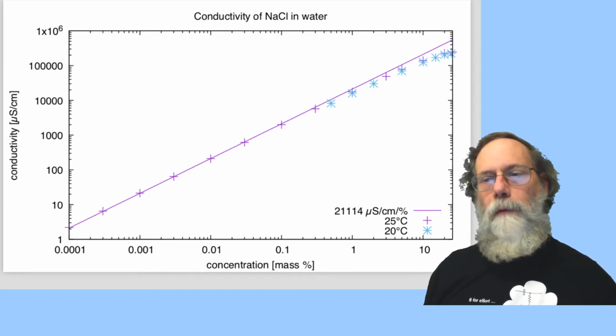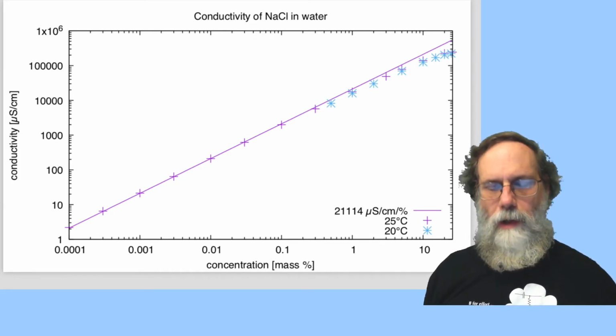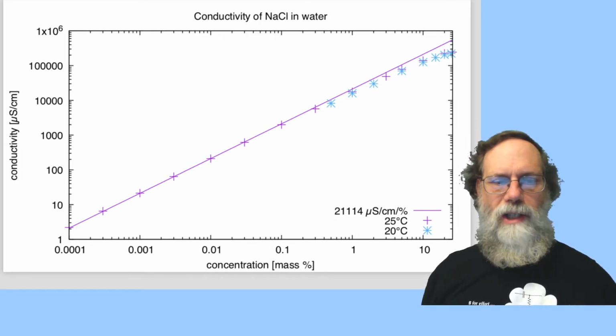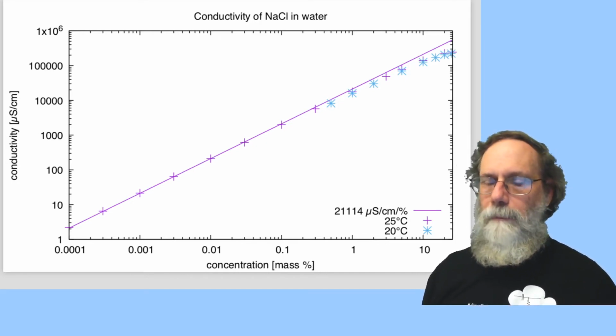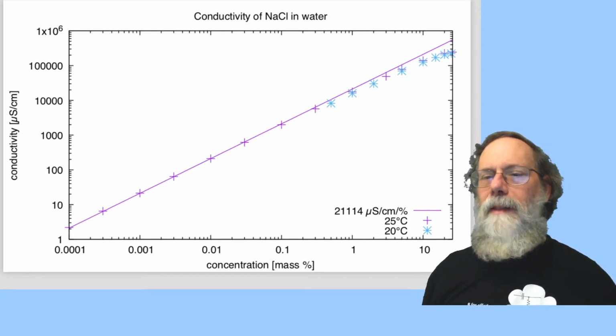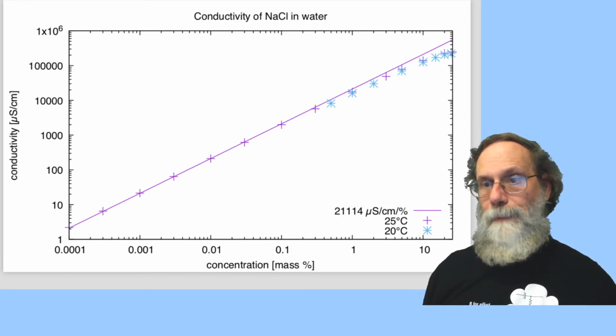And that works really well for very low concentrations. When the concentrations get higher, we start seeing deviation from that. It's also dependent on the temperature, and we have a higher conductivity at a higher temperature.